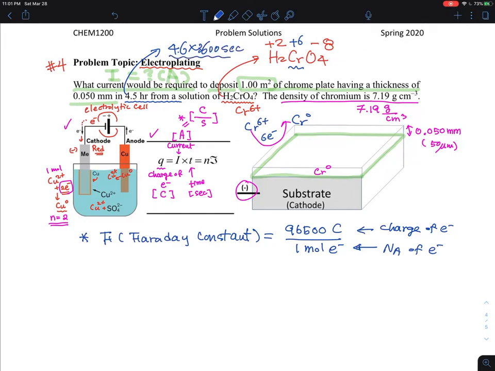So we can turn the current in ampere into coulombs. So now it really comes down to calculating Q, the charge of electrons needed, in units of coulombs, for electroplating.